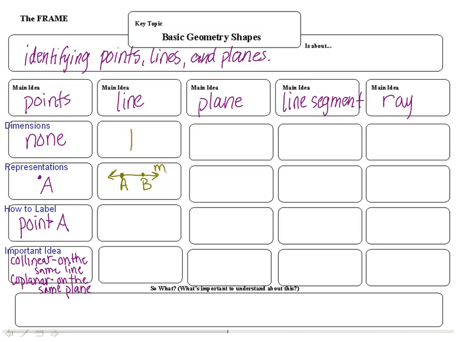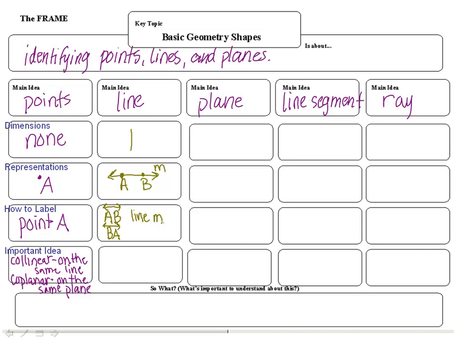So the ways we could label this line, we could label it line AB, so we write the 2 capital letters and then a line symbol above it. We could also flip those around and call it line BA with the line symbol above it. Or we could use the word line and then put that little lowercase letter, that it's not a point, it's just a letter that goes with the line.